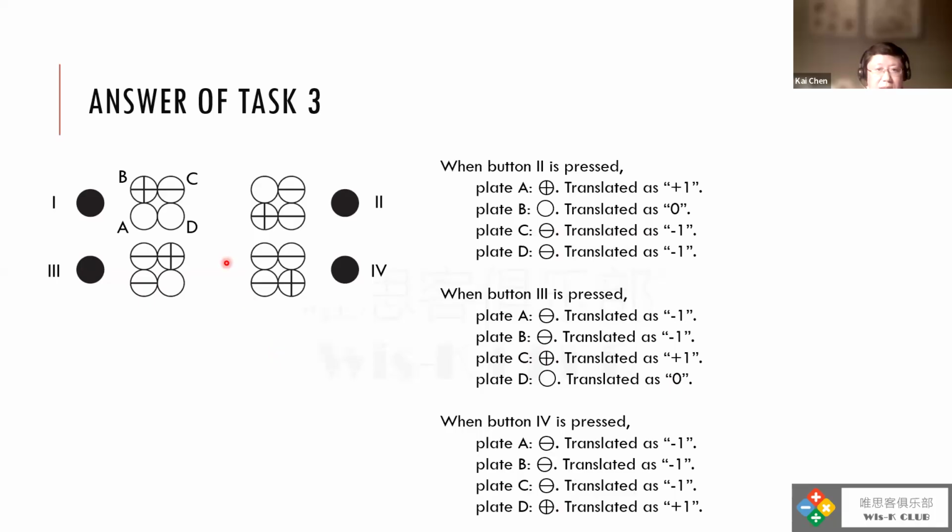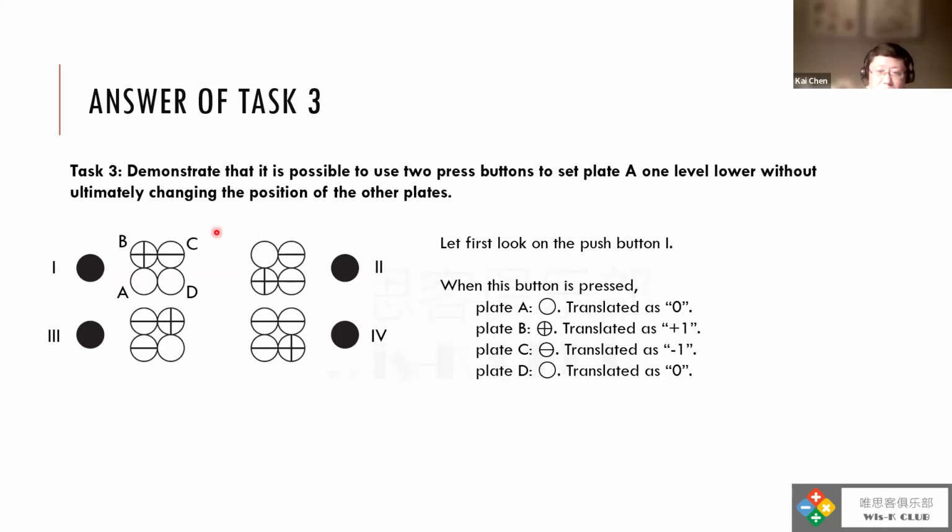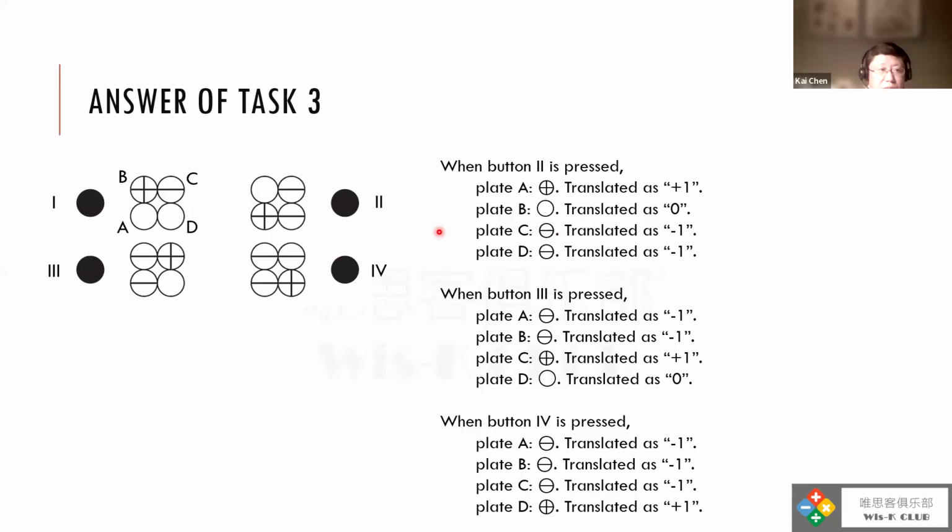The next step is that when button 2 is pressed, for instance here, if we have a plus on plate A, then it's translated to plus 1. So A is plus 1, B is 0, C is minus 1, and D is minus 1. So we do the same for all the 4 buttons.